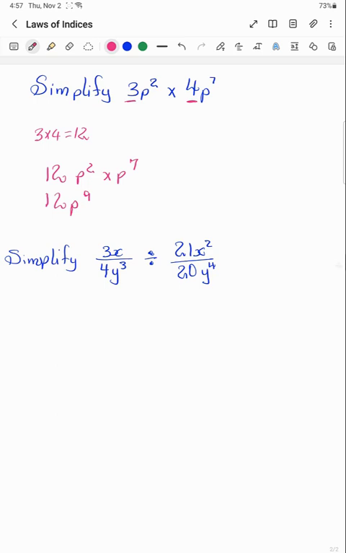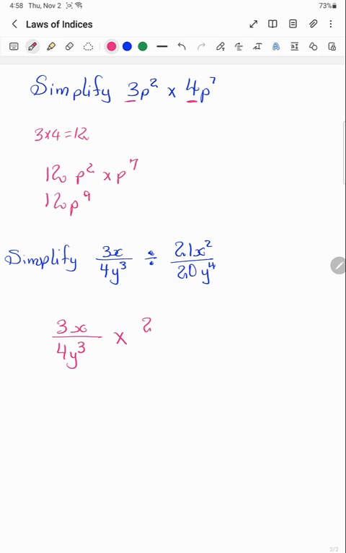All right, let's look at the second one. So in dividing fractions, what's something we definitely know we should do? Whenever we divide fractions, it's going to be 3x over 4y cubed divided by 21x squared over 20y to the 4th. We're going to multiply and turn upside down the second fraction.